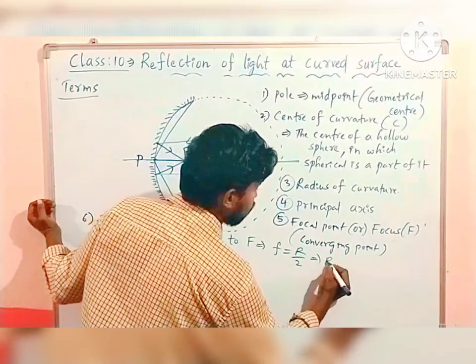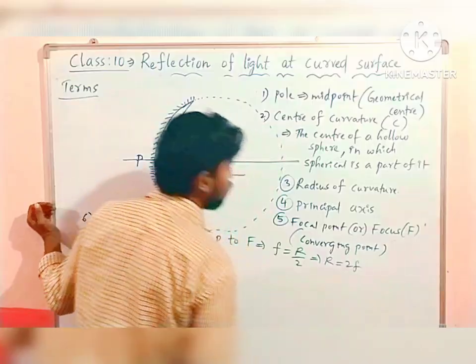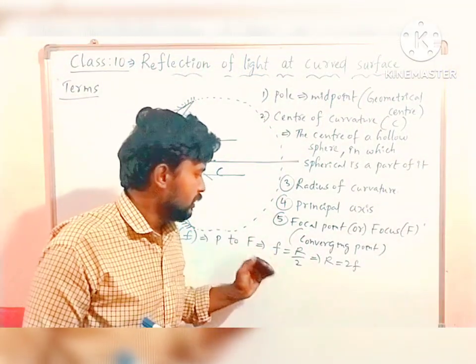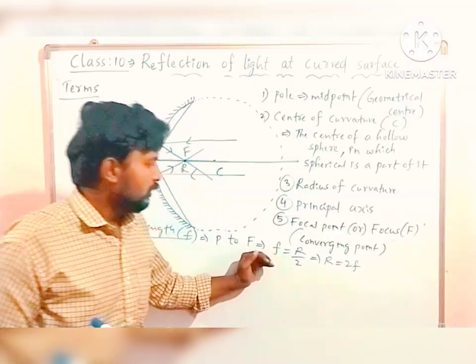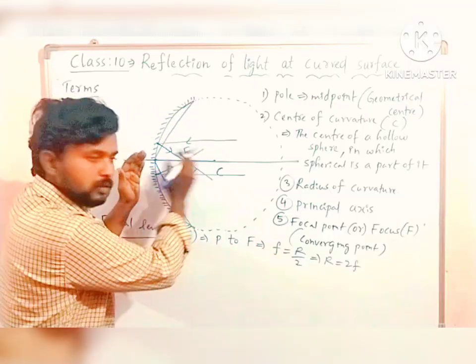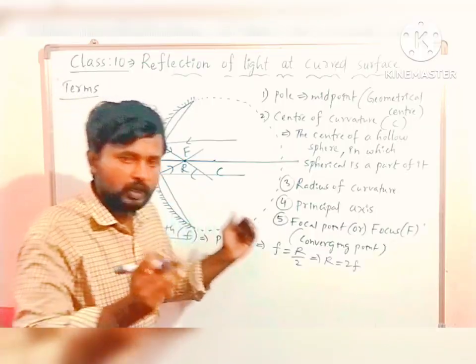So R equals 2f, in terms of the relationship between focal length and radius. So focal length is the length between pole నుంచి ఫోకస్ కు మధ్య ఉన్న డిస్టెన్స్ ని మనం ఏమంటారు, ఫోకల్ లెంత్.